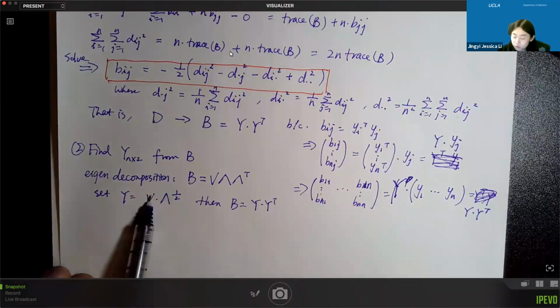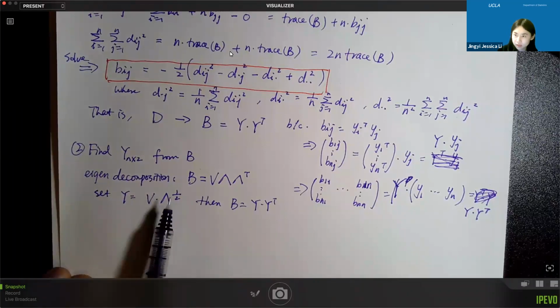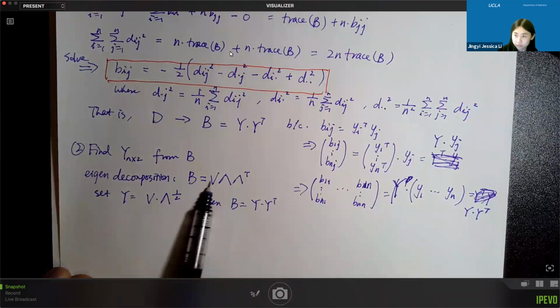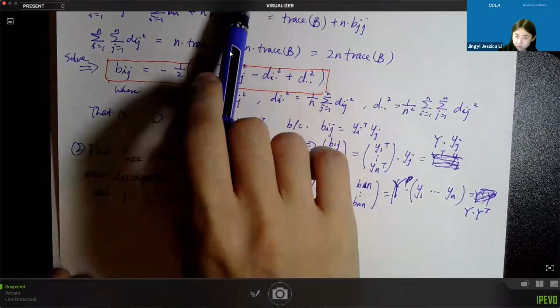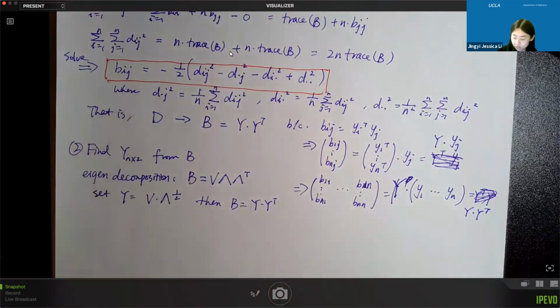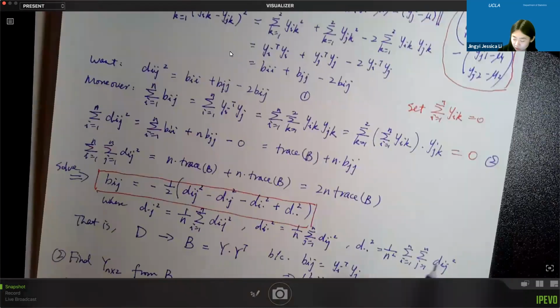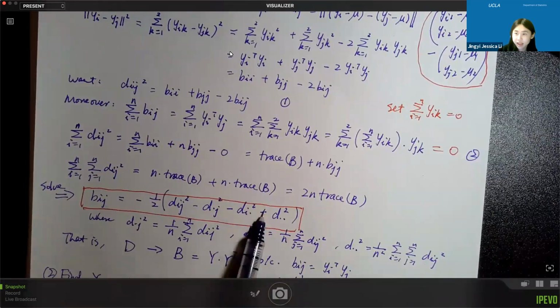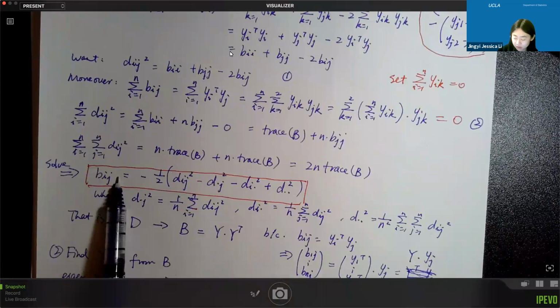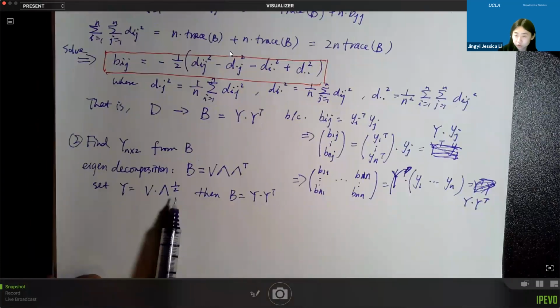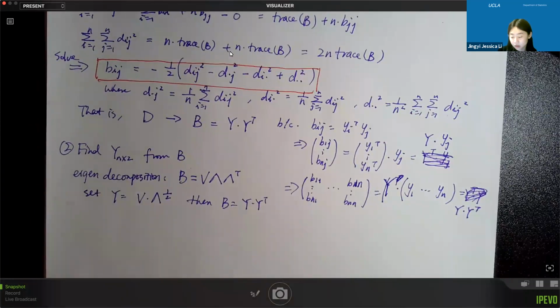But in this classical MDS, we actually don't lose information, because every step from here to here is exact, right? We have an exact relationship from D to B, and then we have an exact relationship from B to the eigen decomposition.